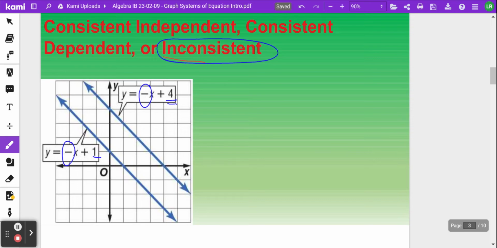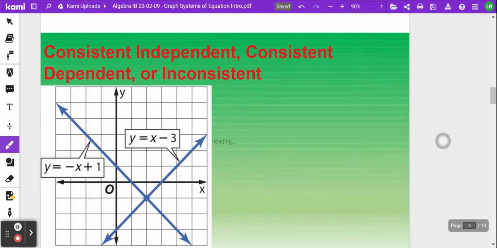So when you see that you have the same slopes, that's going to tell you it's something weird. They never touch because they start at different spots, so it'd be inconsistent. What would you write for your answer to this? You would write no solution. So the things you're going to see with the equations: same slope, different y-intercepts. And that can be seen with slope-intercept form.